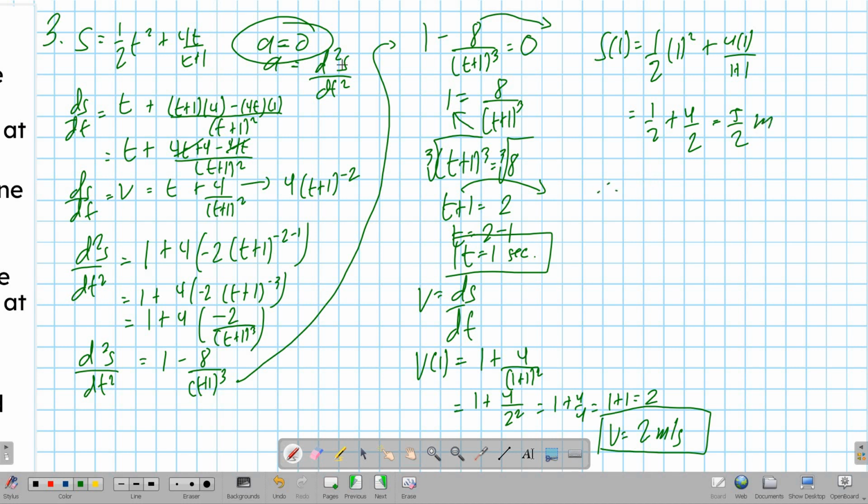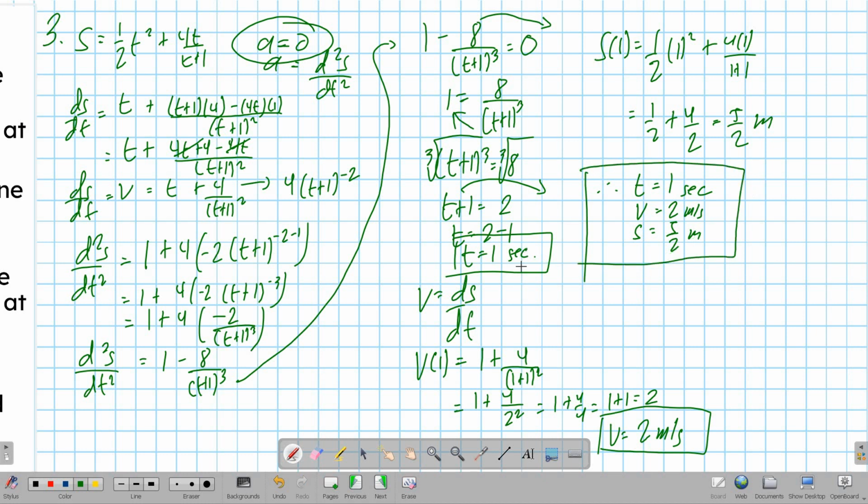Therefore, when the acceleration is equal to 0, that's t is equal to exactly 1 second, the object is going at 2 meters per second, and the object is already at the position of 5 halves meters from the origin.